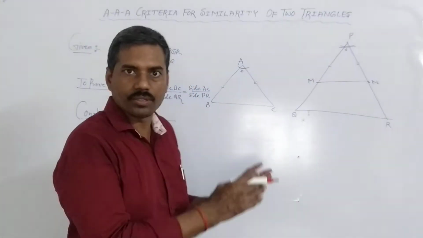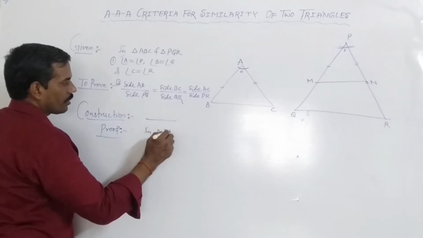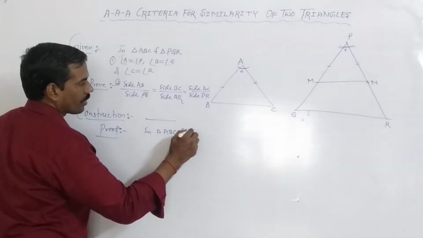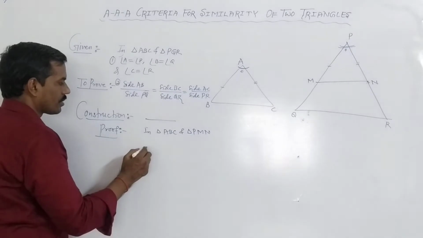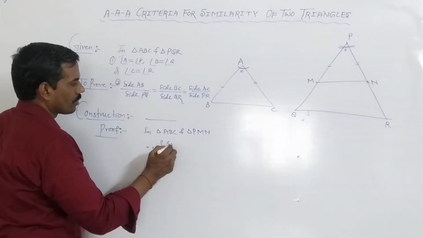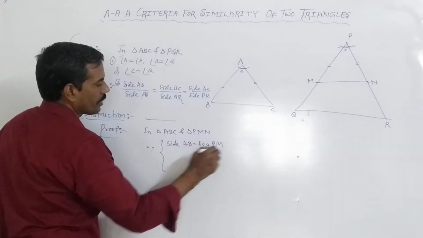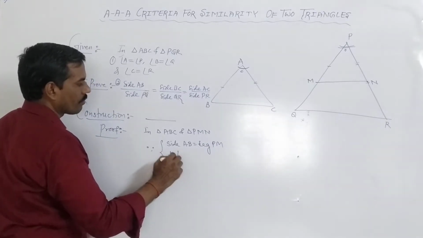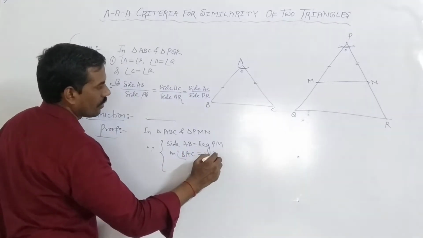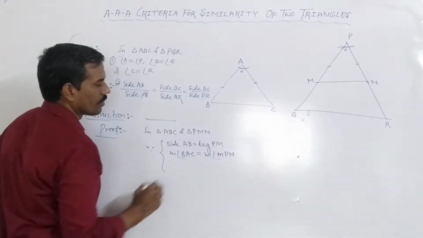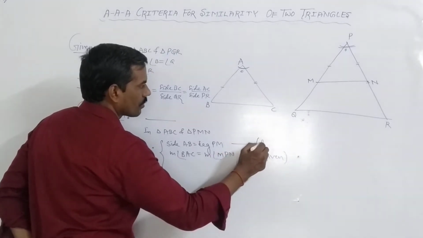Let us write these steps. In triangle ABC and in triangle PMN, side AB is equal to segment PM, this is by construction, and measurement of angle BAC is equal to measurement of angle MPN, this is given.